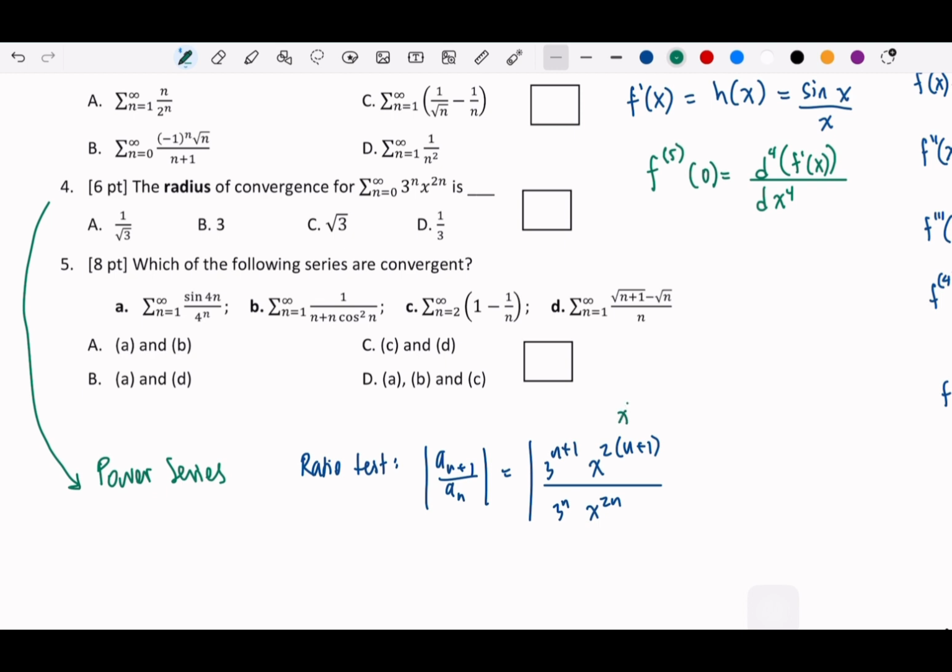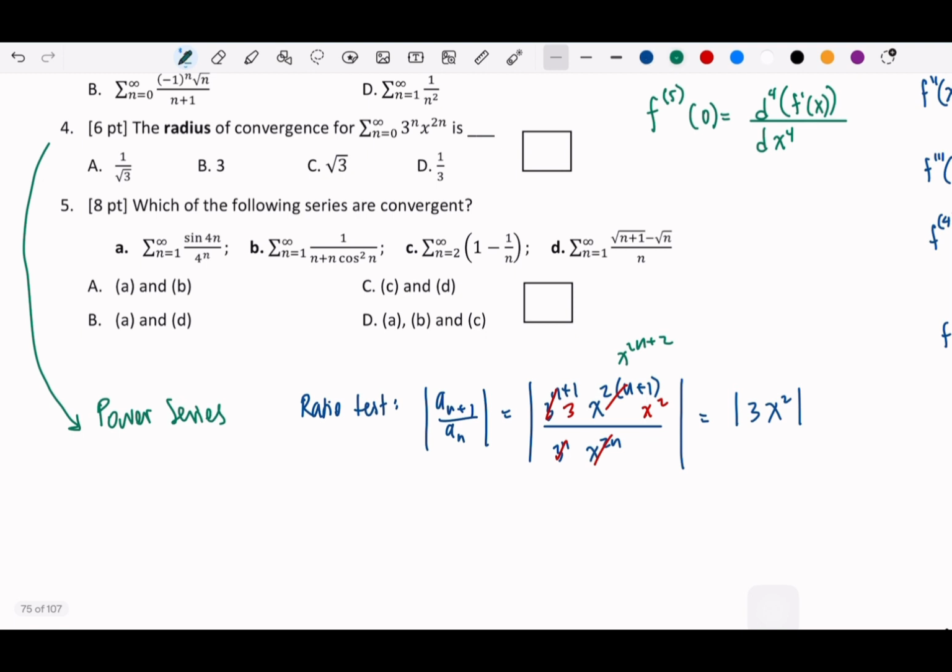So this is 2n plus 2. So we can cancel this with that. So this is x squared. So 3x squared. So this gives you a result in terms of 3x squared.